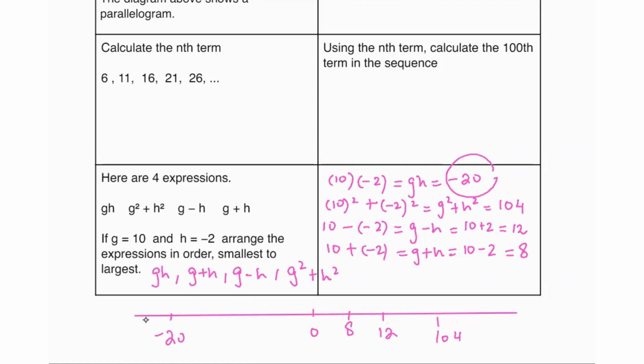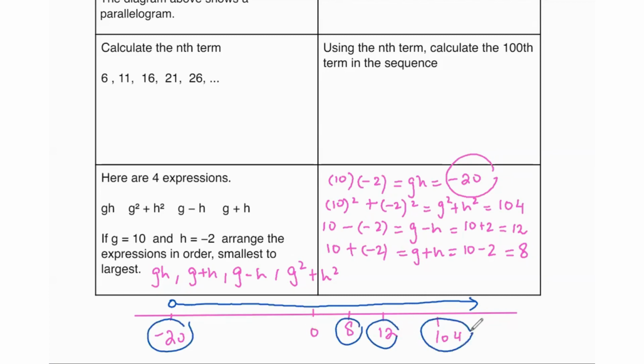Since we have to start from the smallest, if we go this way, we can see that -20 comes first, which is the smallest. Then we have 8. Then we have 12, and then 104. Hence, this is the order of the expressions starting from the smallest to the largest based on the values given.